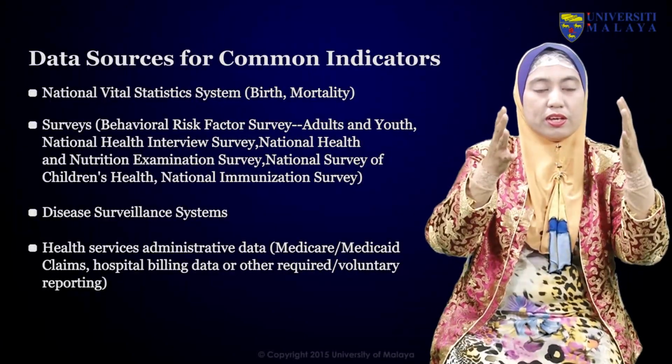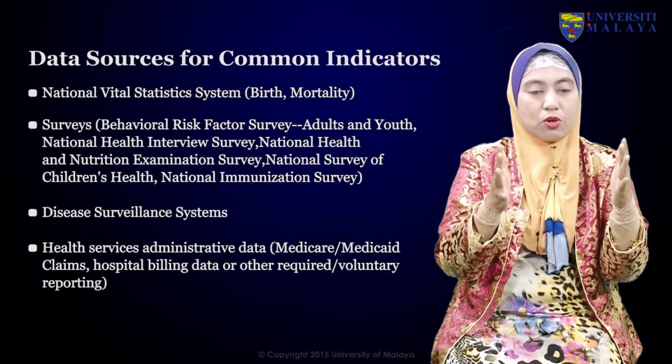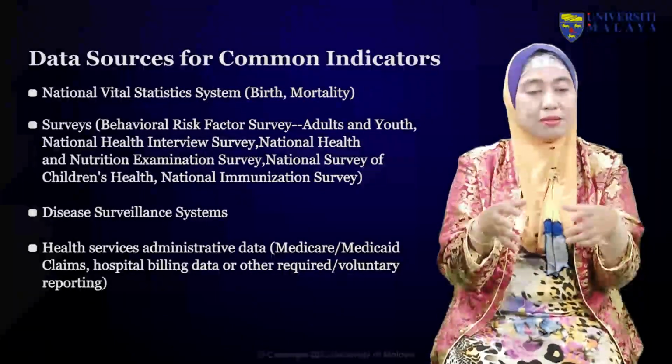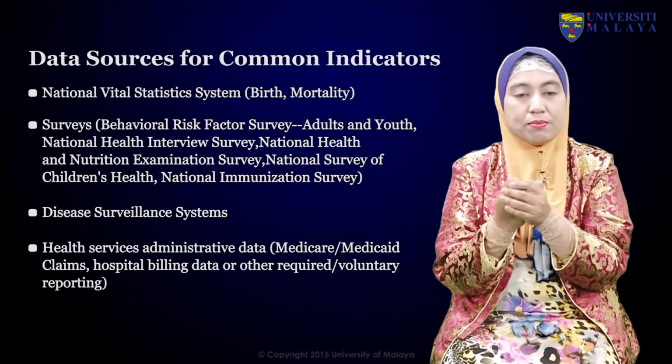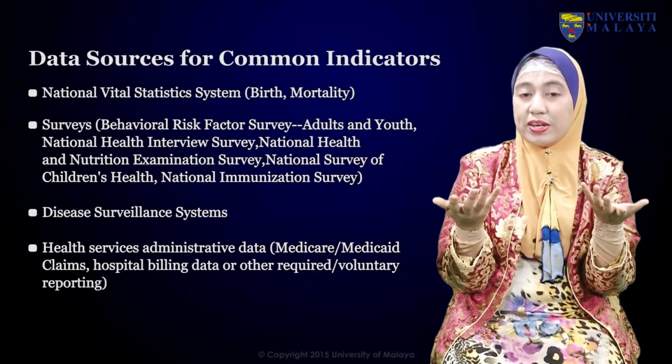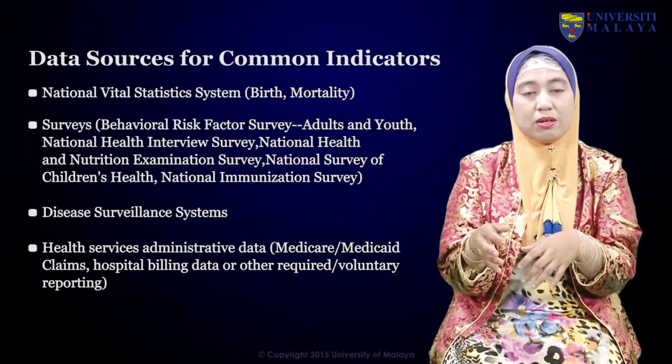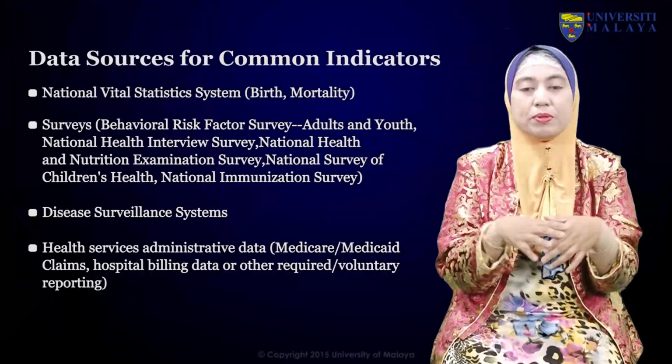Okay, we also have reports compiled by international people, by WHO and all that. So data sources for common indicators, we have about the same. Okay, we can use national vital statistics. Okay, all the countries have it. Okay, the birth, the mortality.